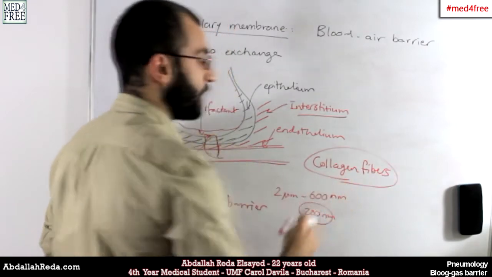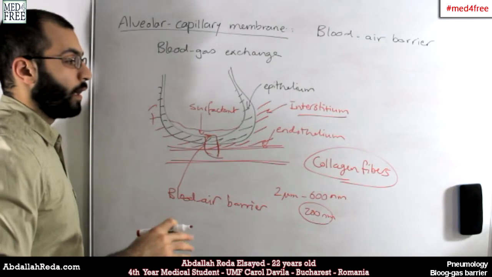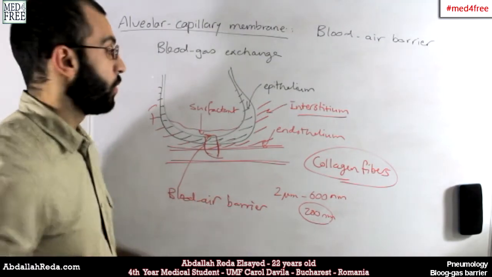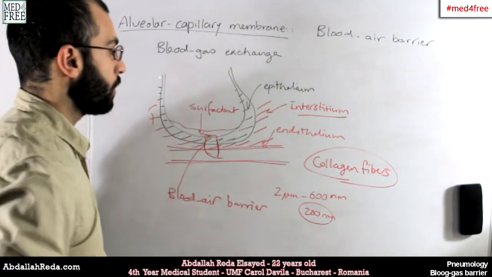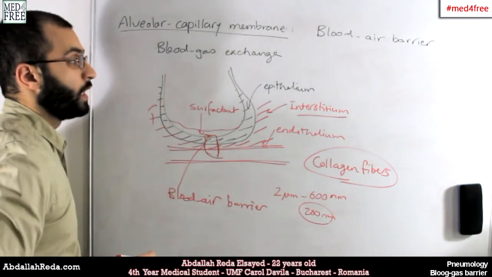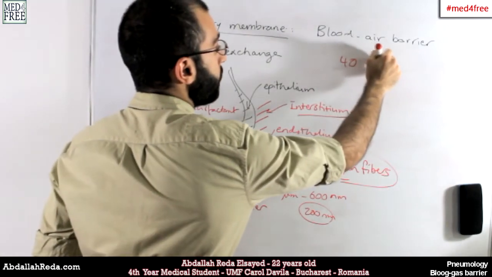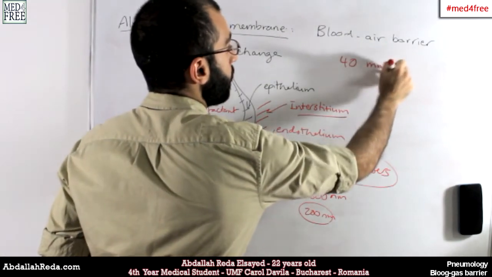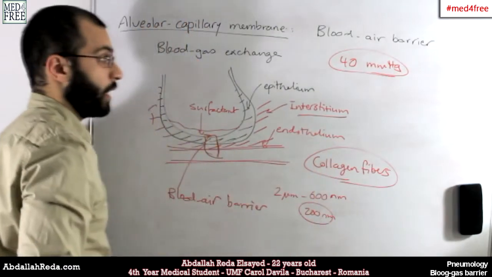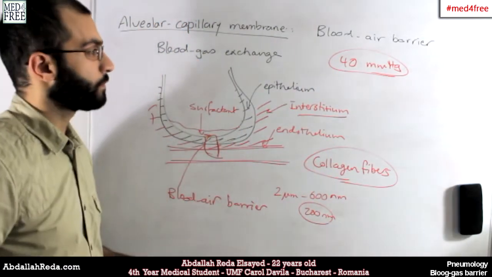Those fibers make it very rigid and strong, and it maintains itself pretty well regarding the pressure it's exposed to. It can burst at 40 millimeters of mercury. At that point, that membrane would rupture.